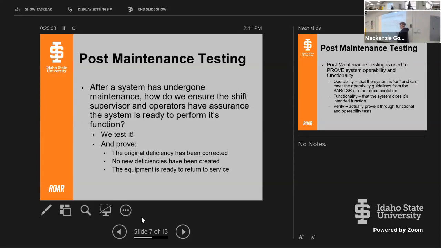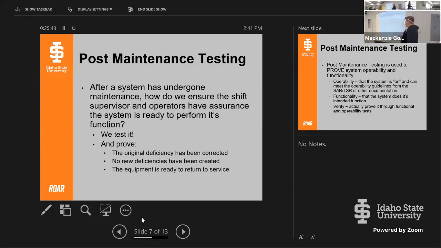Well, you can't test that a deficiency has been corrected, but you can test that the update did not create any new deficiencies, right? And if you had to replace something or create some sort of maintenance activity, not only do you have to verify that you fixed your problem, you do have to verify that your fix didn't create any new problems, okay? This verification word that we use is really important, okay?